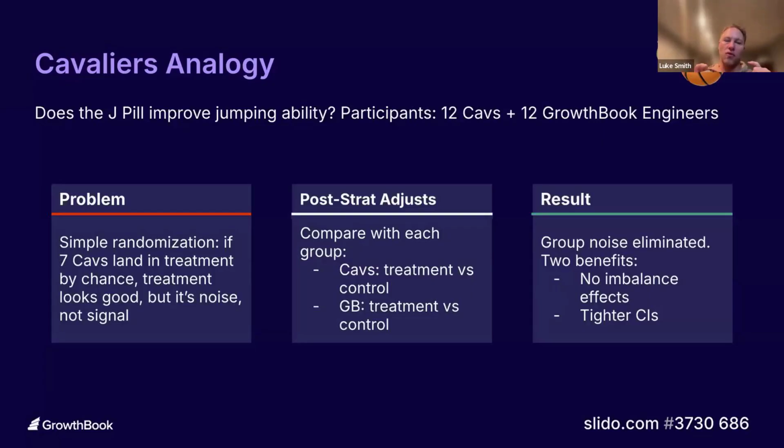Now you have these two estimates of the lift across these two different groups. Big picture, all Post-Strat does is weight these two estimates to combine them into your final lift estimate. So even if you have this chance imbalance where there are 7 Cavaliers in treatment, it's not such a big deal because you're using this apples-to-apples comparison to begin with.